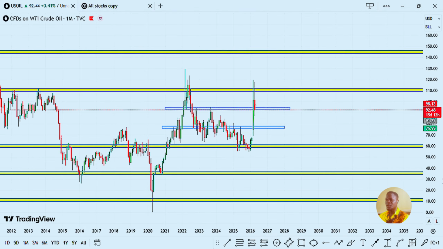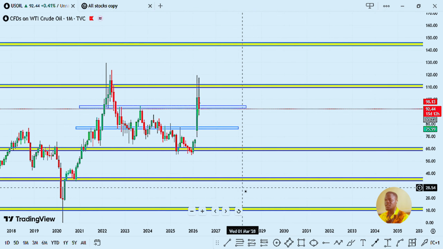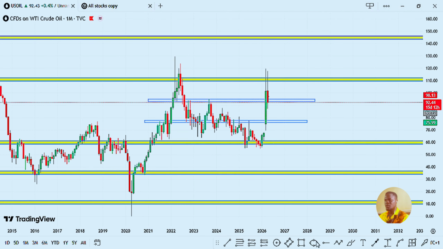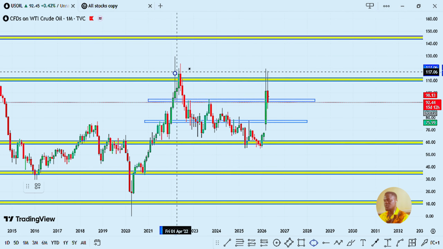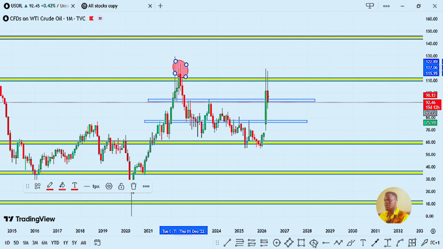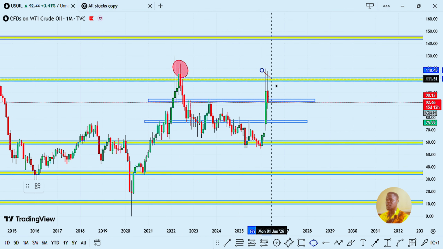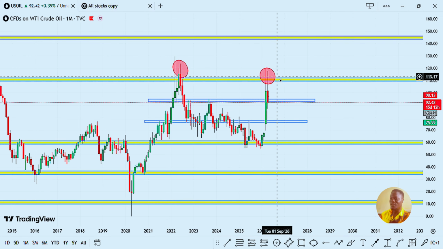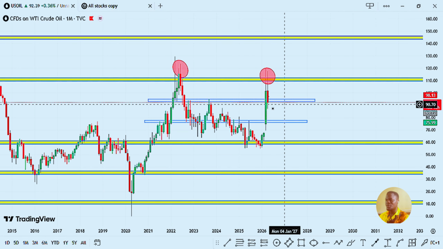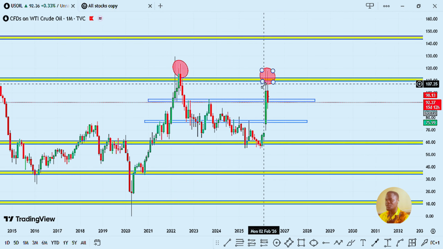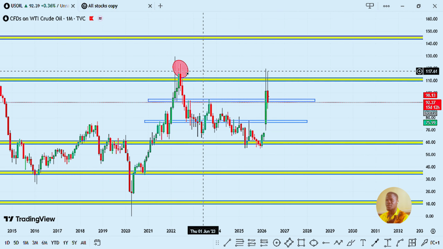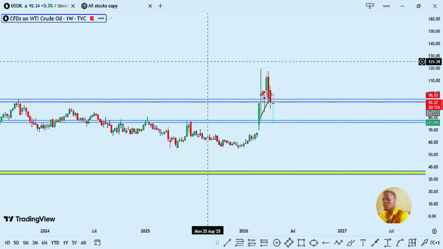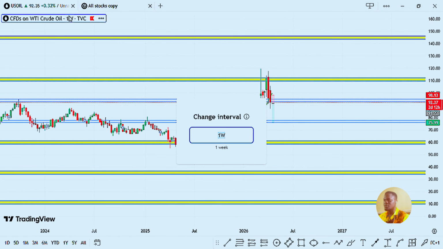But on higher time frame, if you can see clearly, there's a double top formed right here, which is signaling further decline on US oil, on the crude oil. I'll be looking for a sell trading opportunity on this US oil because of that double top formed on monthly time frame.